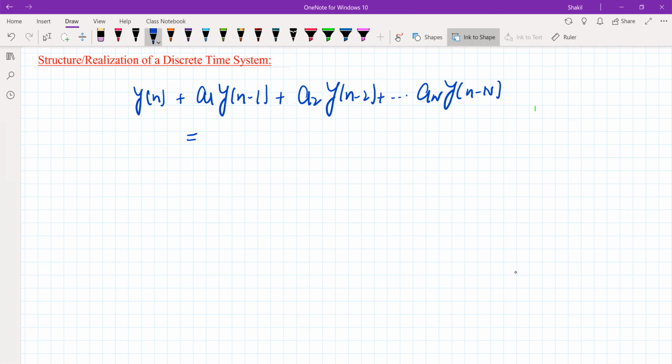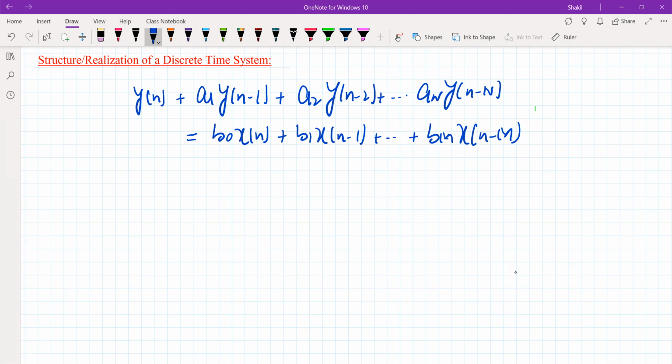L is equal to b0 x of n, b1 x of n minus 1, plus so on, bm x of n minus m. So this is an nth order difference equation which describes a discrete time system, and we learned the nomenclature in the previous class.